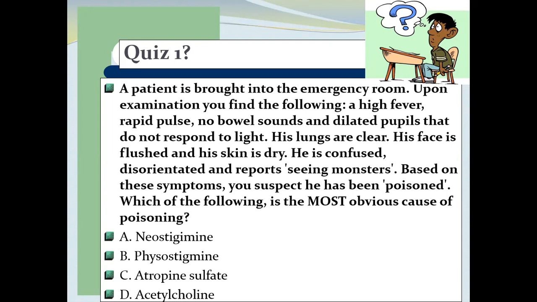Based on these symptoms, we suspect he has been poisoned. Which of the following is the most likely cause of poisoning? The most likely cause is atropine, because this patient has fever, rapid pulse, dilated pupils; those are the effects of atropine.